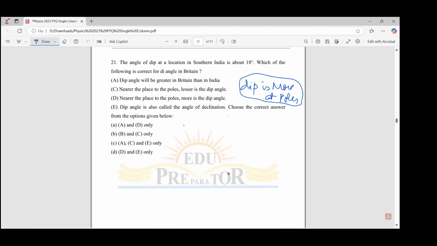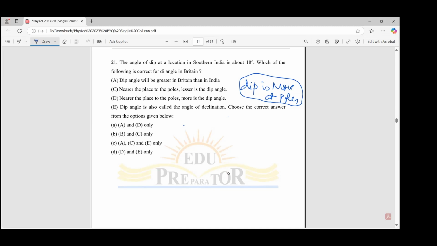Let's move with the geography and it states, if you just see the globe, you find there are certain points like the Britain is near to the poles, so therefore the dip angle will be more in this area, right?